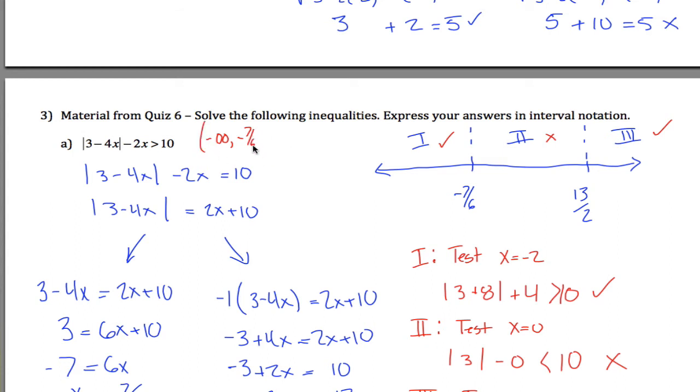However, I don't want to include negative 7/6, so I'm going to leave this parenthesis open, because I want it to be strictly greater than, not greater than or equal to. Here's region 1. I don't want region 2. I do want region 3, which is everything from 13/2 all the way up to infinity. This right here is my answer.